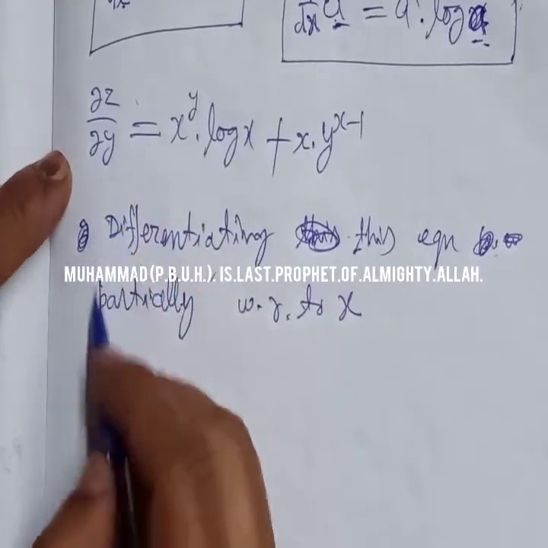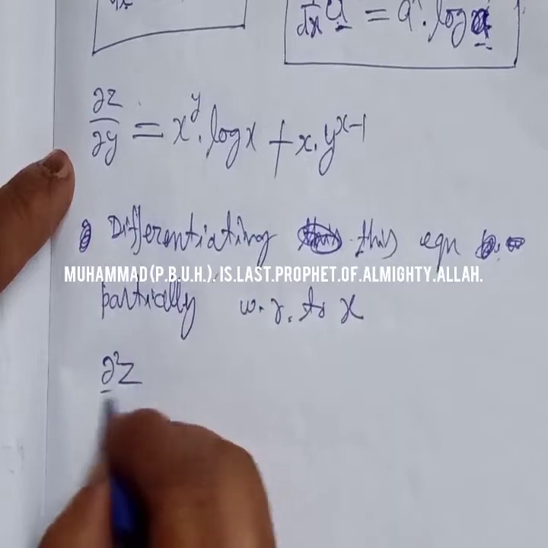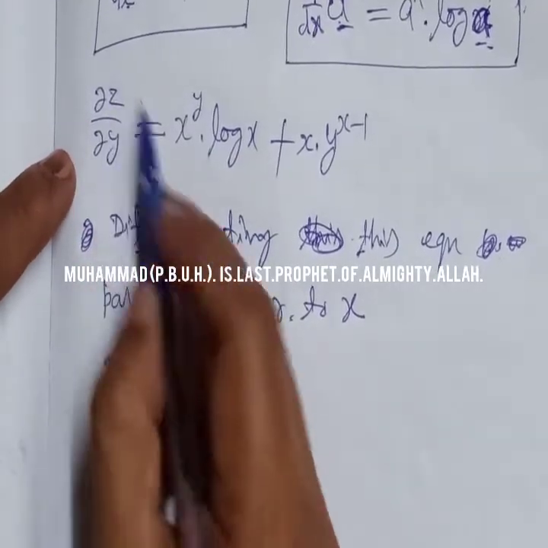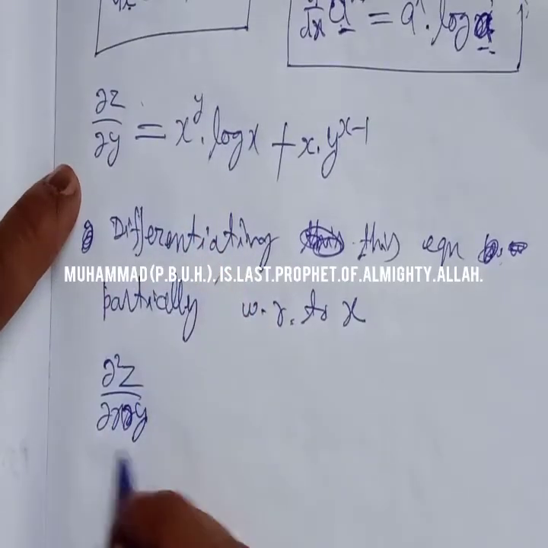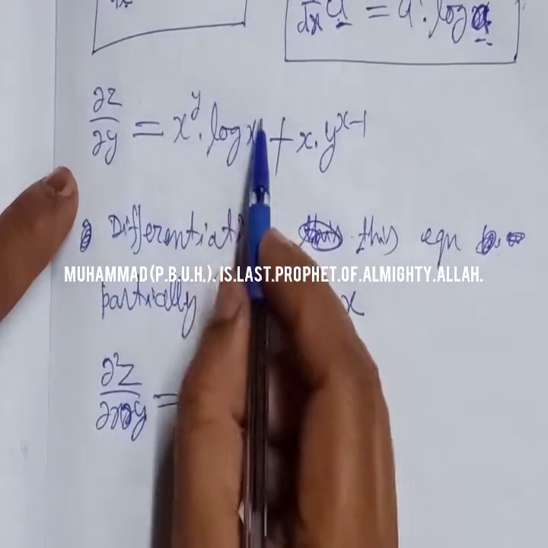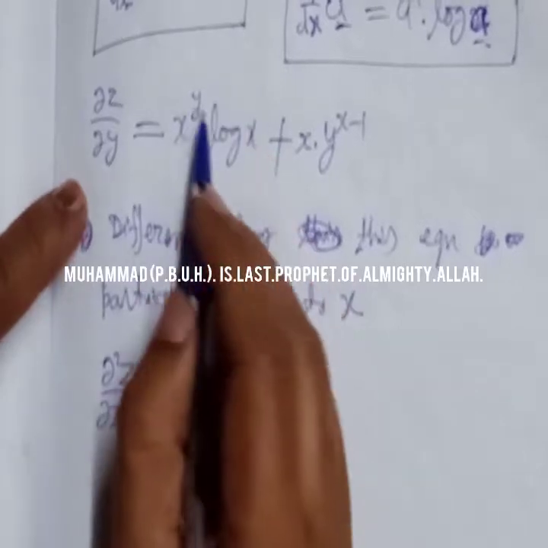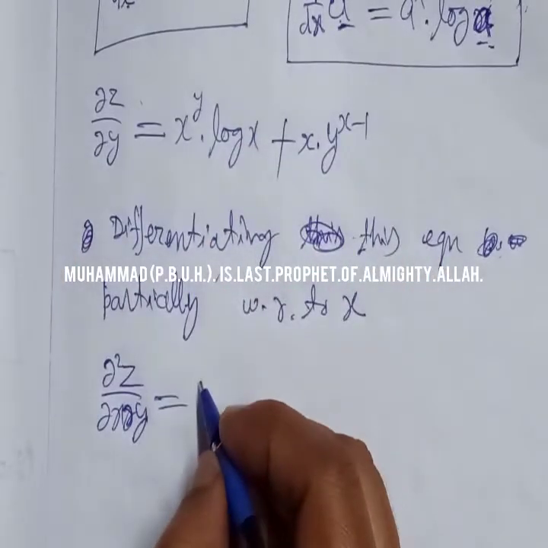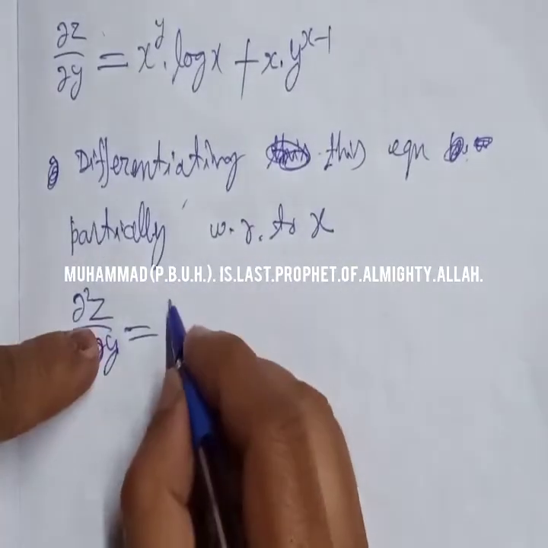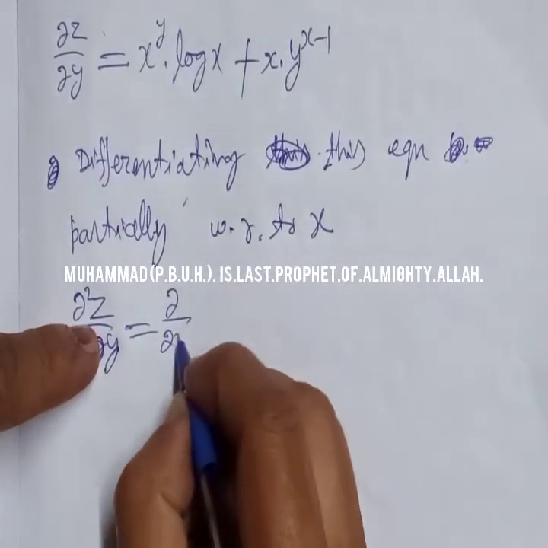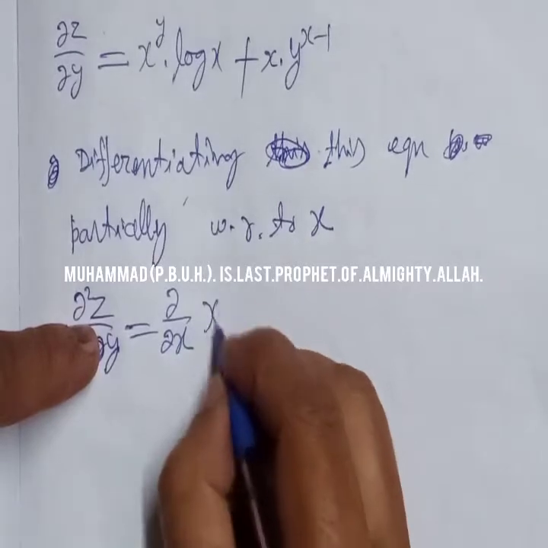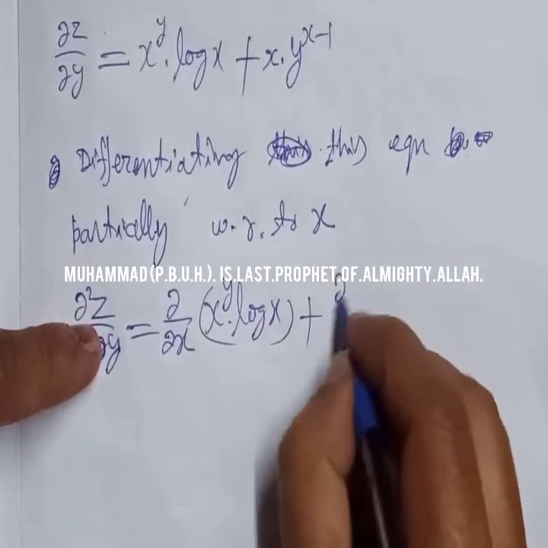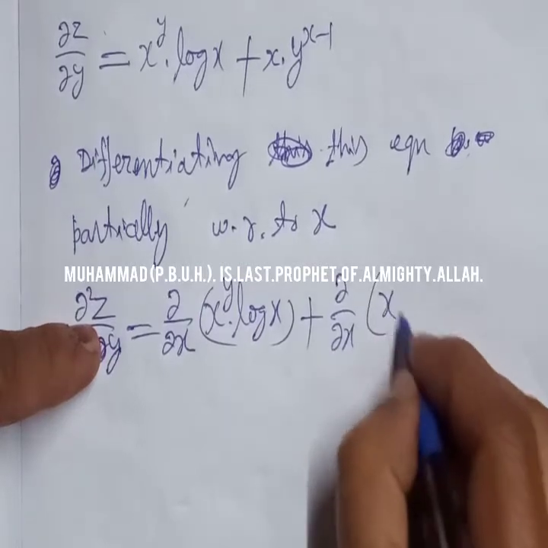In left hand side we will get del 2z over del x del y. Differentiation of del z over del y with respect to x is equal to this, and on right hand side we will differentiate this term and this term according to linear property of differentiation. X to the power y into log x, first term differentiation, and second term differentiation with respect to x.